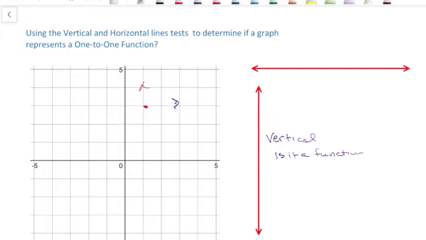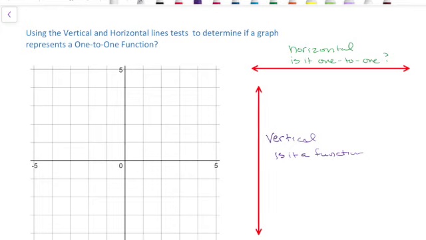All right, so let's try some others. So let's talk first, though, about horizontal. So make sure you've got this in your notes. Horizontal line test basically says, is it one-to-one? Now, it does not tell us if it is, well, that's hard to say, a one-to-one function, just if it's one-to-one.